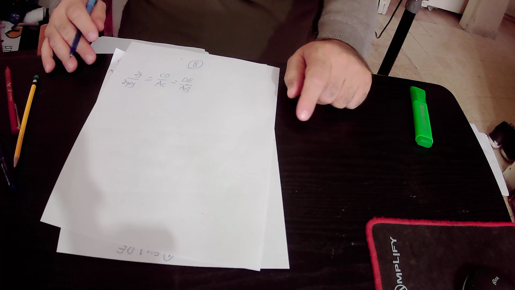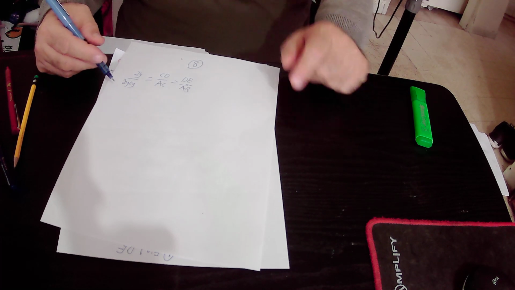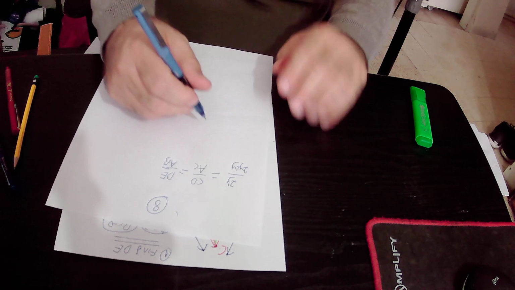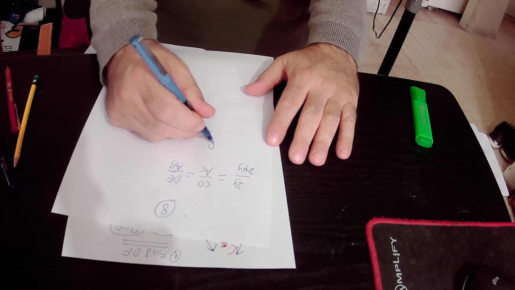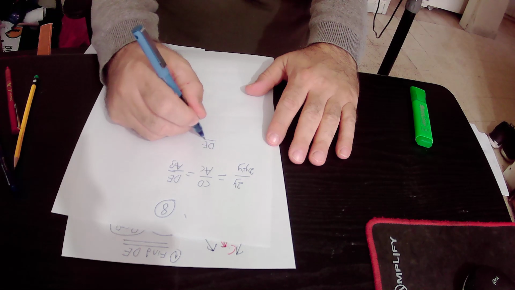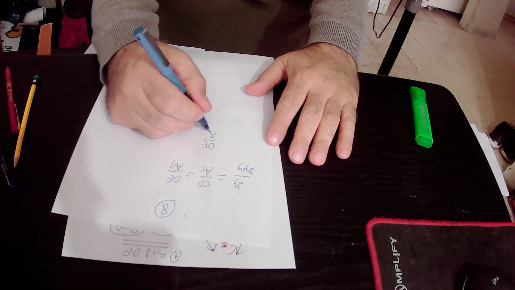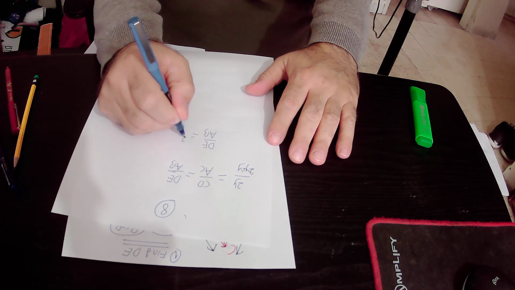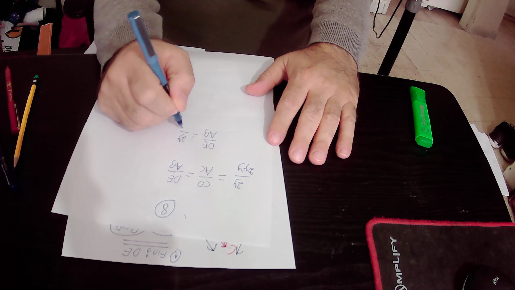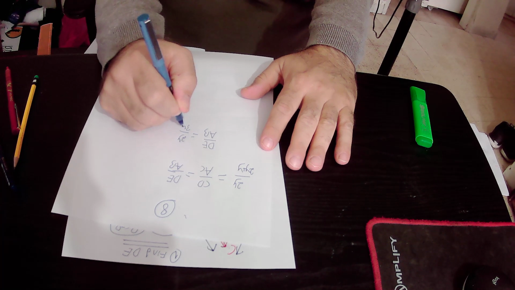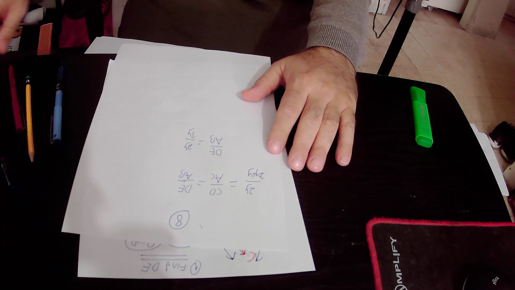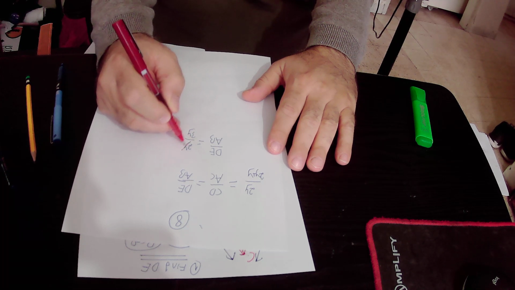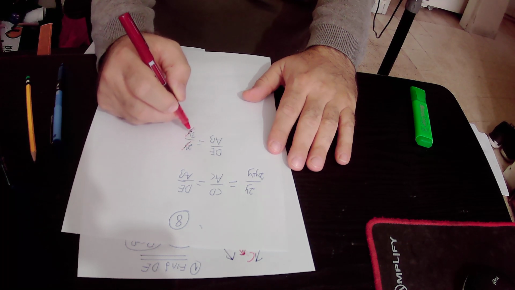DE over AB equals 2y over 2y plus y, which is 2y over 3y. So here we have y over y is 1, so y will get cancelled and we are left only with 2/3.